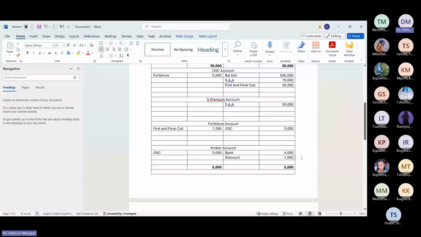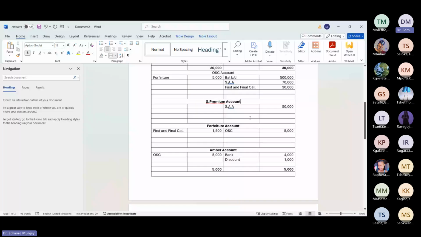So, before you go further, I want you to explain why you say ordinary share 5,000. Can you give the interpretation of why you credit Ember by 4,000, credit Ember by 1,000, then you also debit Ember by 5,000? What is happening there from your perspective?